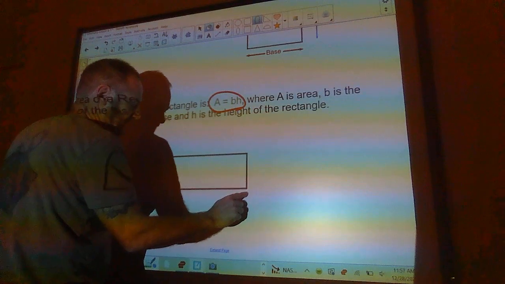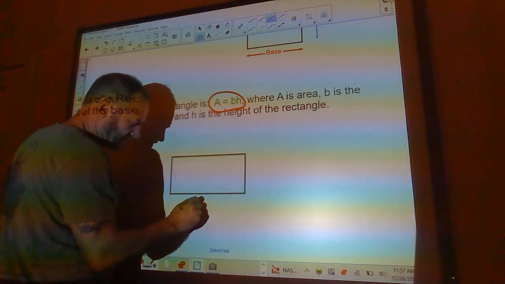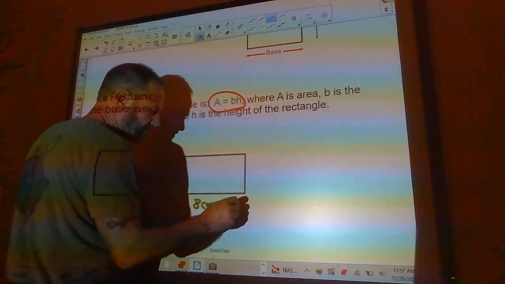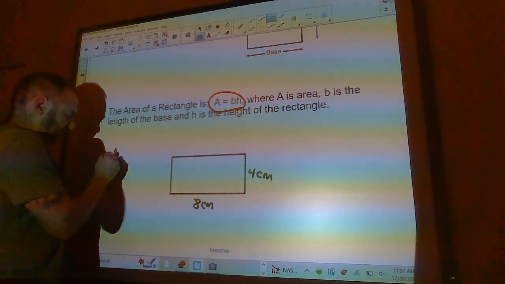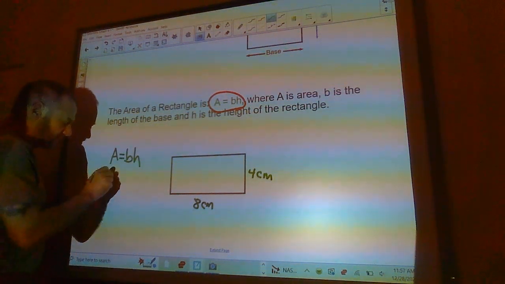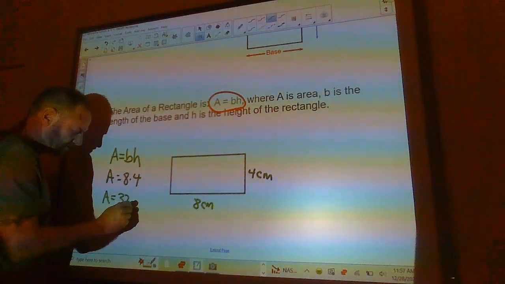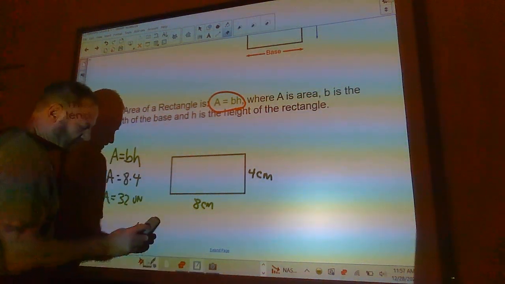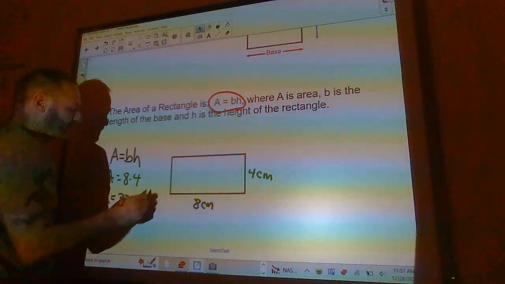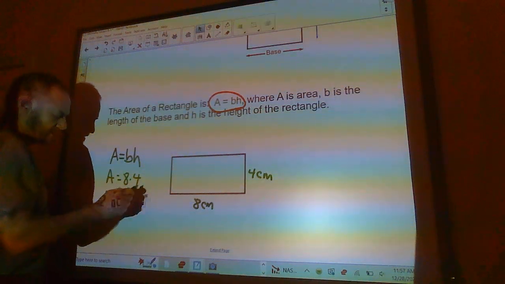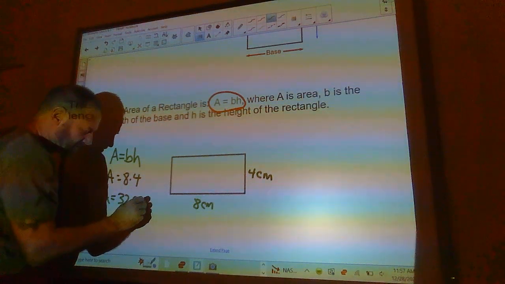If I have a rectangle like so, and the rectangle is, say, 8 centimeters by 4 centimeters, then the area, area equals base times height, would be 8 times 4, which would be 32. Whoops, not square units, because we know what the units are. They're centimeters, so this is going to be centimeters squared.